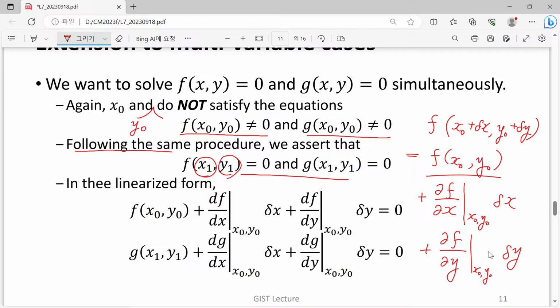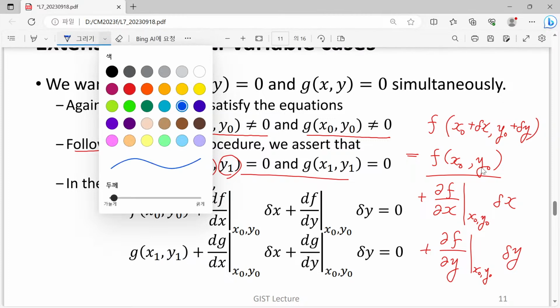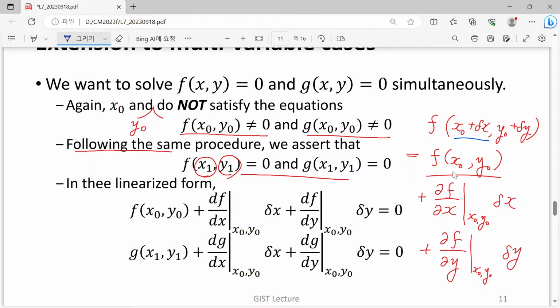Previously, when we had just one single variable, we must consider only this one. That's it. However, now we introduce a second equation or second variable, and for this second variable we have additional terms. So this is nothing but the linearized f function, and this second line corresponds to the linearized g function.